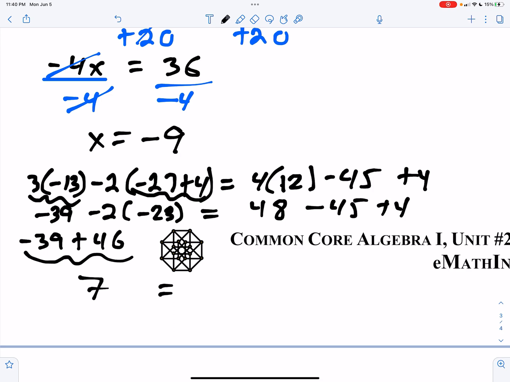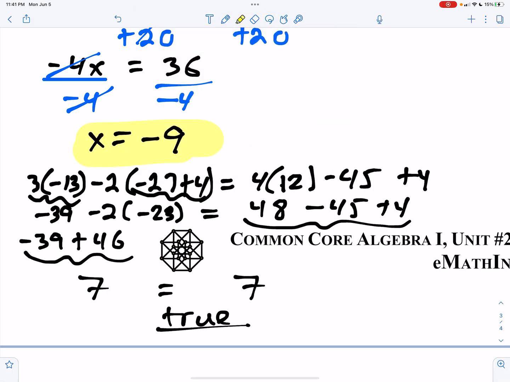Okay, and over here, we're going 48 minus 45 plus 4, and you get 7 as well. So in other words, we get a true statement telling you that x equals -9 is the correct answer.